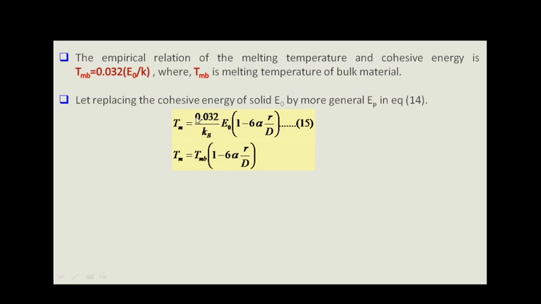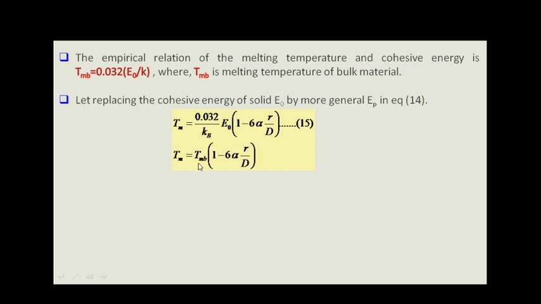So this first factor is nothing but your bulk melting temperature, so I am replacing it with TMB. So ultimately the melting point of a nanoparticle is given as the melting temperature of the bulk times 1 minus 6 alpha r by d. And again you can think of it: if d is much larger than 100 nanometers, then this factor will be very small and you can neglect it.